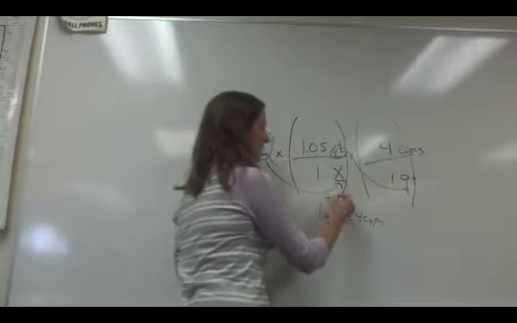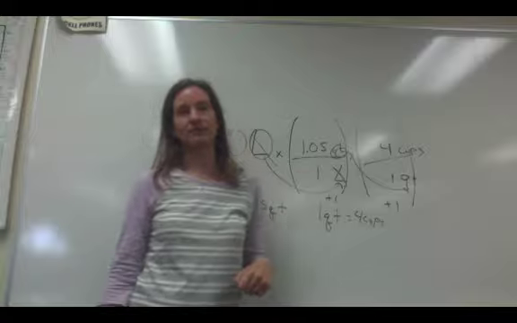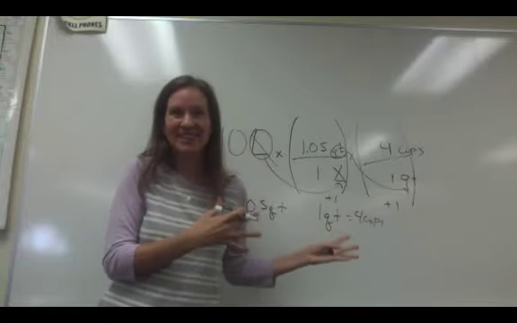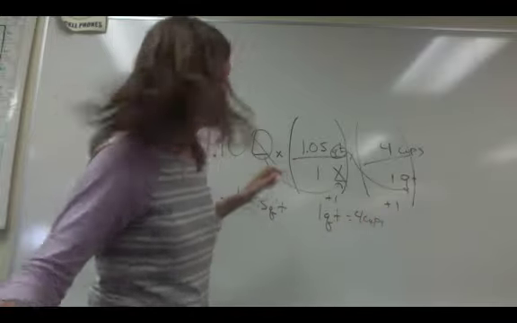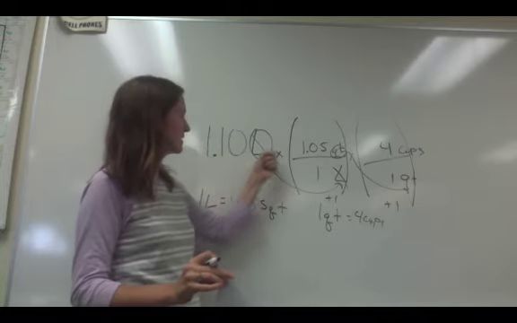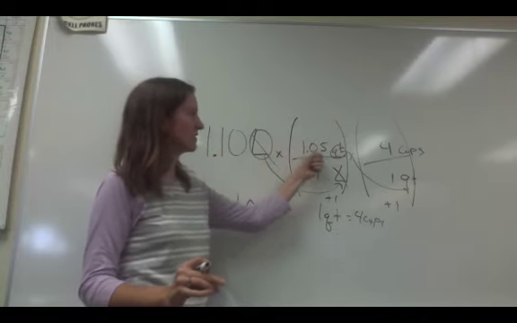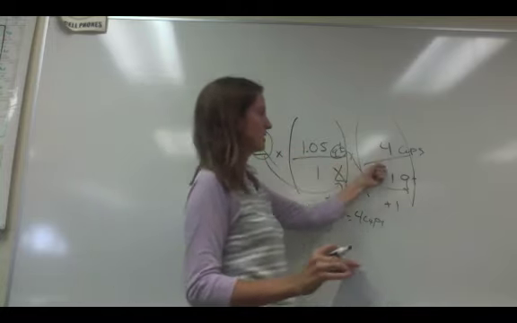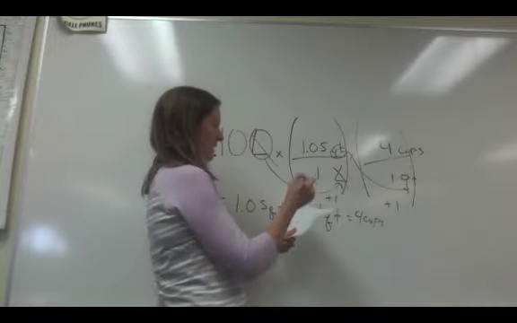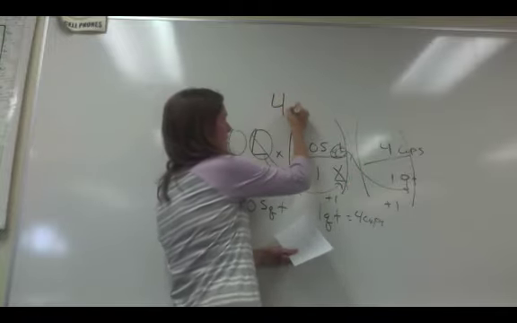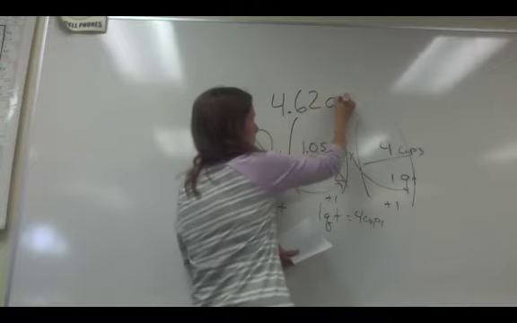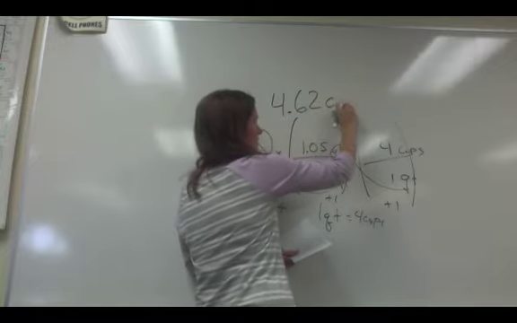That is worth 2 points. 2 points just for doing that. Awesome. So now if you do the math, 1.10 times 1.05 divided by 1 times 4 divided by 1, you'll get a final answer of 4.62.